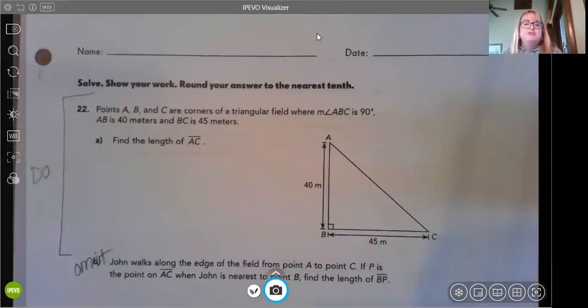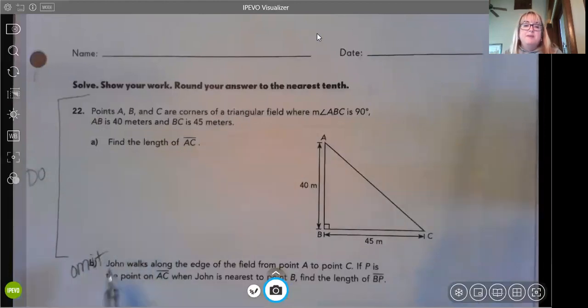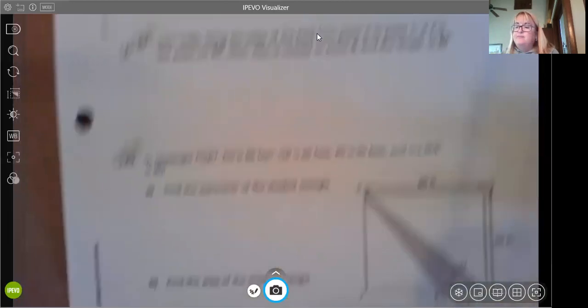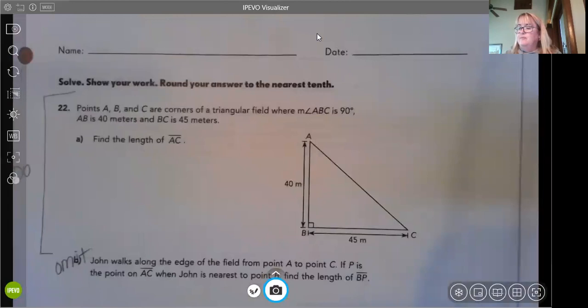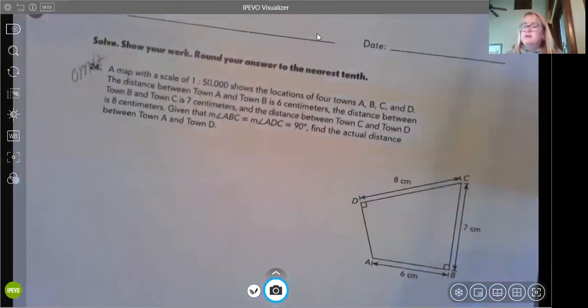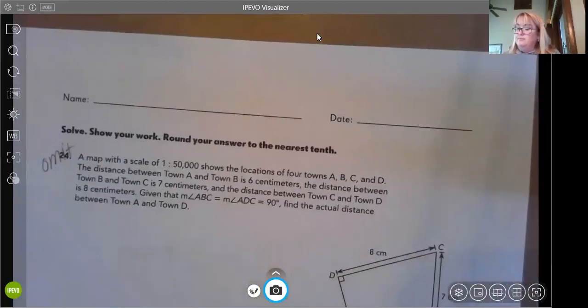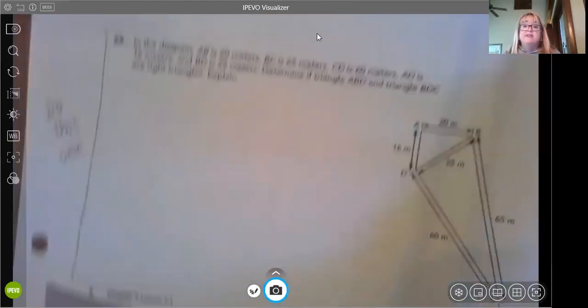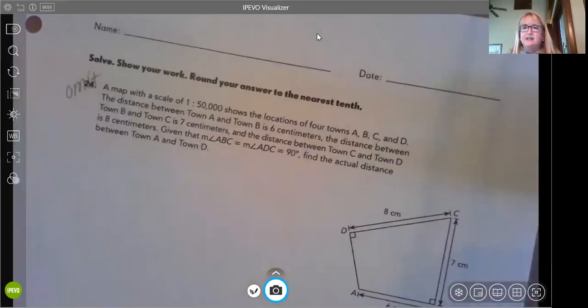On page 7, I want you to do 22A. Omit B and omit 23. So we're going to do 22A. Oops, sorry about that. On page 8, I want you to omit 24, but do 25. Okay? So that covers it.